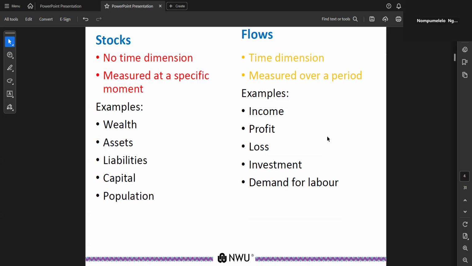A car could be an asset. You can't buy a car today, tomorrow, next month, and the following month. But with your income, such as your salary, you can get it today, at the end of this month, at the end of the following month, and so on. I'm just trying to make you understand the difference. Let me try another example. Wealth is accumulated over time.